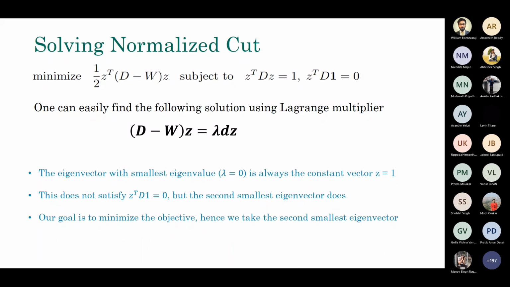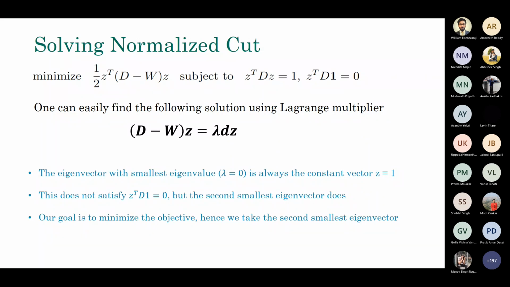But this does not satisfy the constraint. If you look at the constraints, you have two: z transpose Dz equals 1, and z transpose D1 equals 0. So the smallest eigenvalue does not satisfy the constraint, so you cannot take it. Because our goal is to minimize this objective, we can take the second smallest eigenvalue.